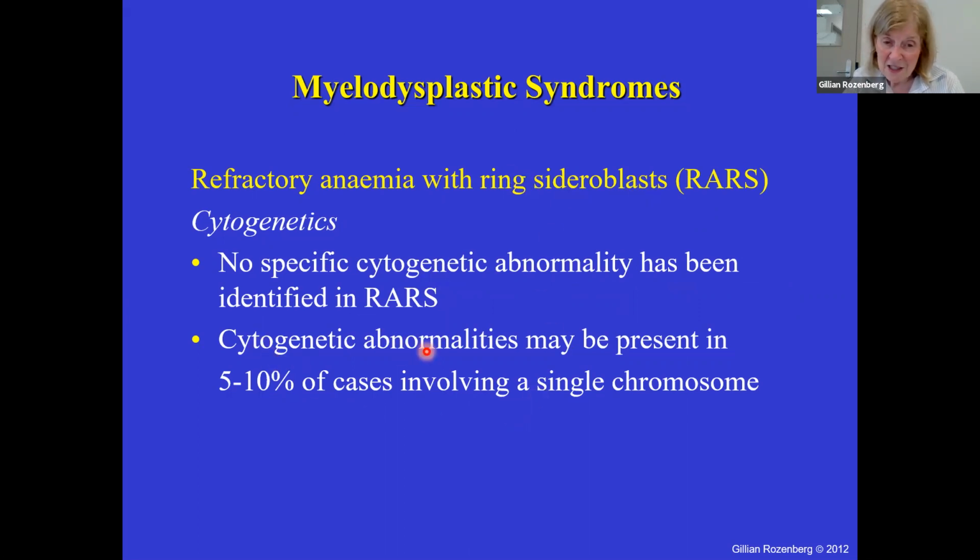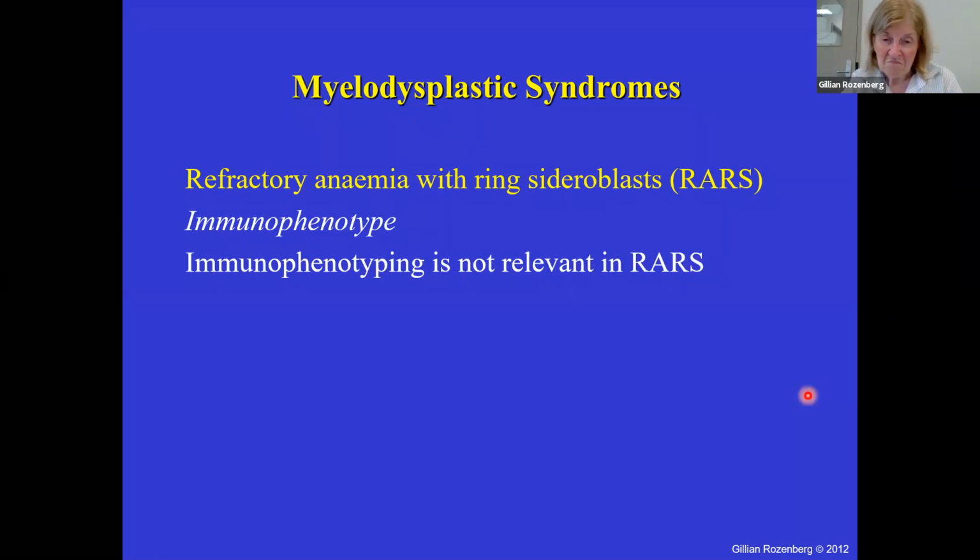If there are cytogenetic abnormalities present, they'll be present in about 5 to 10% of cases involving a single chromosome. And of course, immunophenotyping again is not relevant.